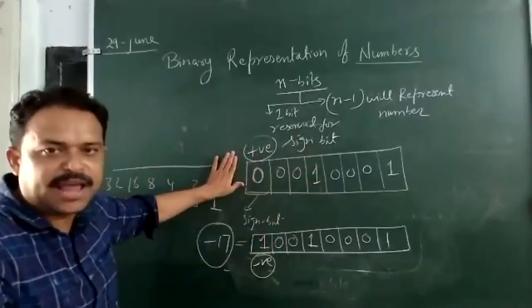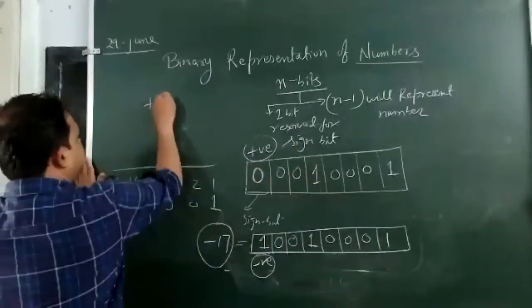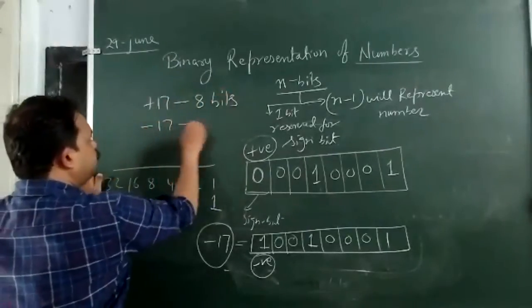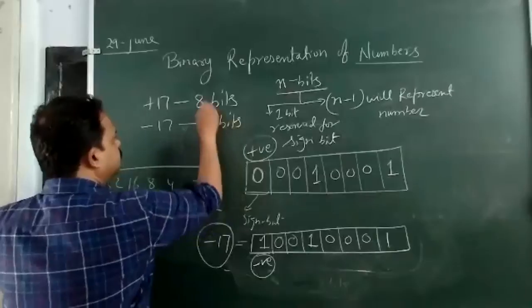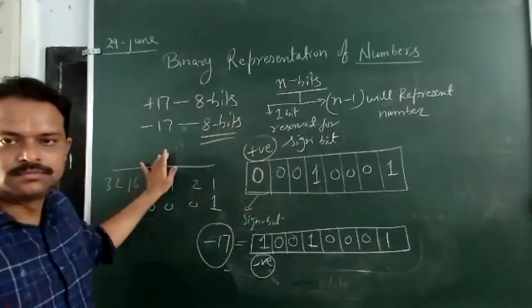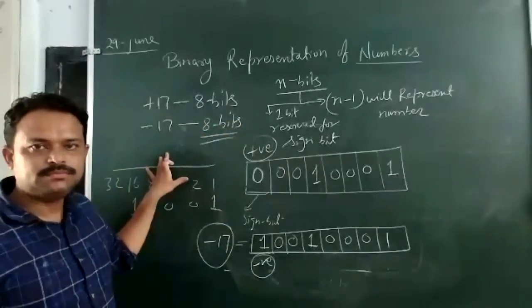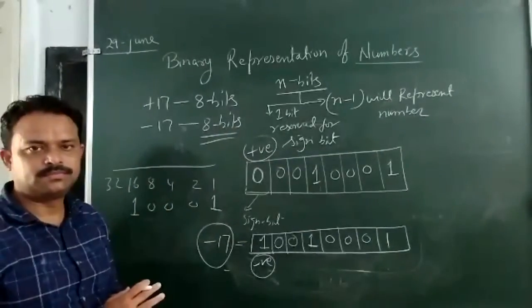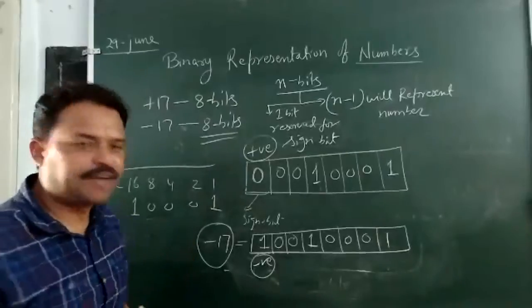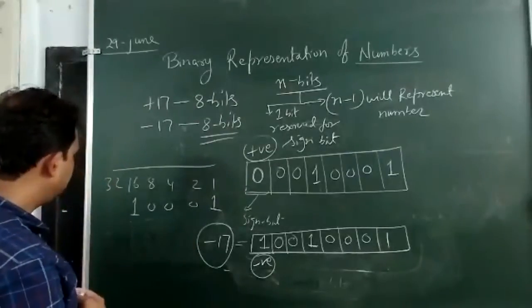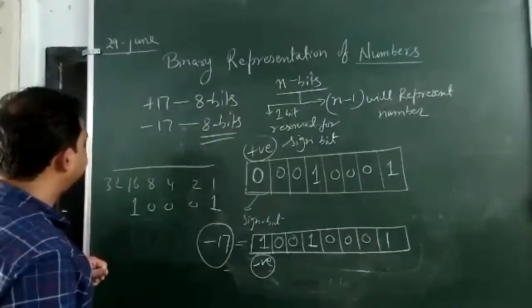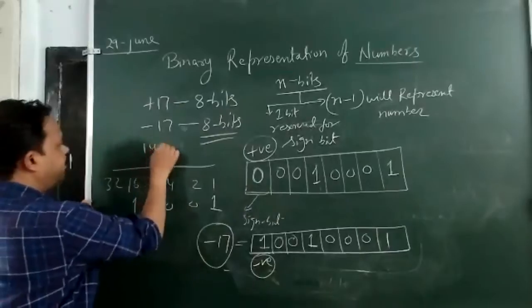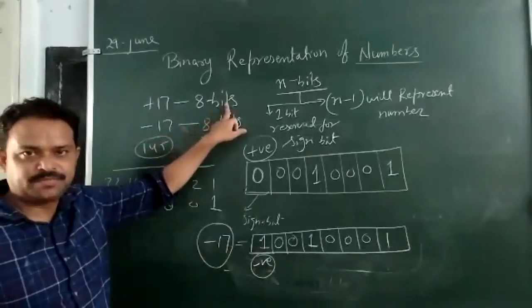Example, this is the best example I have taken: plus 17 using 8 bits, minus 17 using 8 bits. Now represent 145 using 8 bits.